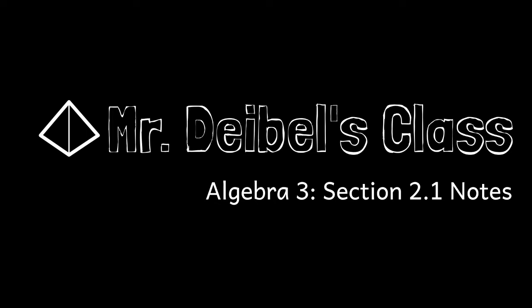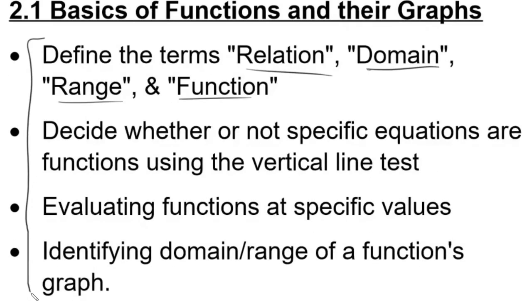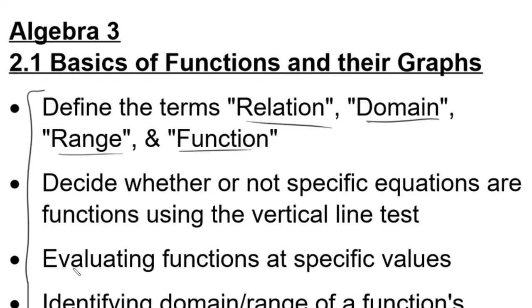All right, so 2.1, the start of chapter 2, is a review of functions and their graphs. So talking about things like what is a domain of a function, what's the range of a function, what is a function, things like that. Now, if you've been writing down these headline bullet points here, you're wasting your time, because we'll get to each and every one of these things as we go through the lesson.